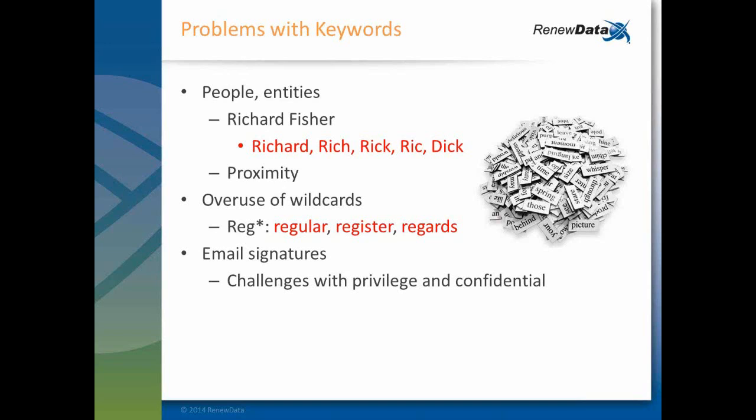We found people frequently develop internal nicknames for a project or a process, and possibly even for an entity. They might call the Federal Reserve some nickname like FEDI or something. I'm making that up, but they might have nicknames, and there's no way for you to know that unless you can actually see the vocabulary of the documents and make some determinations.